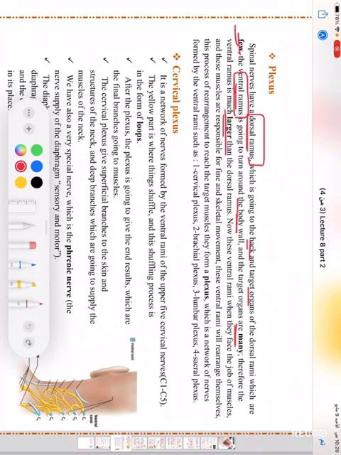Now these ventral rami, when they face the job of muscles, and these muscles are responsible for fine skeletal movement, these ventral rami will arrange themselves راح يرتبوا حالهم in a process of arrangement to reach target muscles.